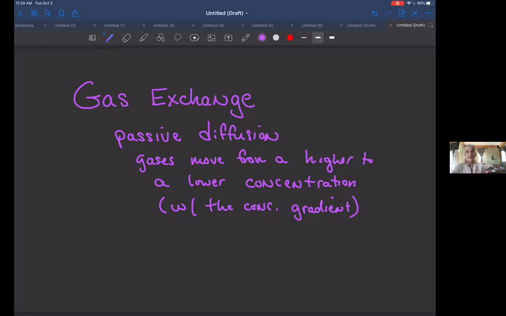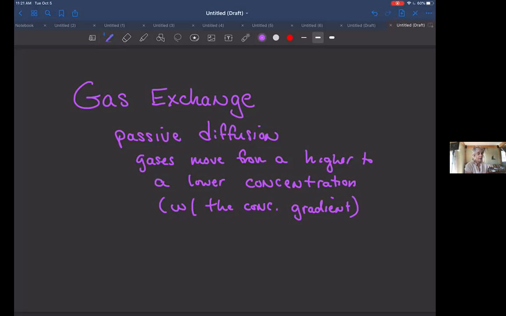The other interesting thing is that our lungs are designed to utilize diffusion as a mechanism for getting oxygen and getting rid of CO2 so that it doesn't require energy. We don't want to pump the gases. We don't want to use ATP to pump gases across a membrane. We have a physiological design that is energetically efficient.